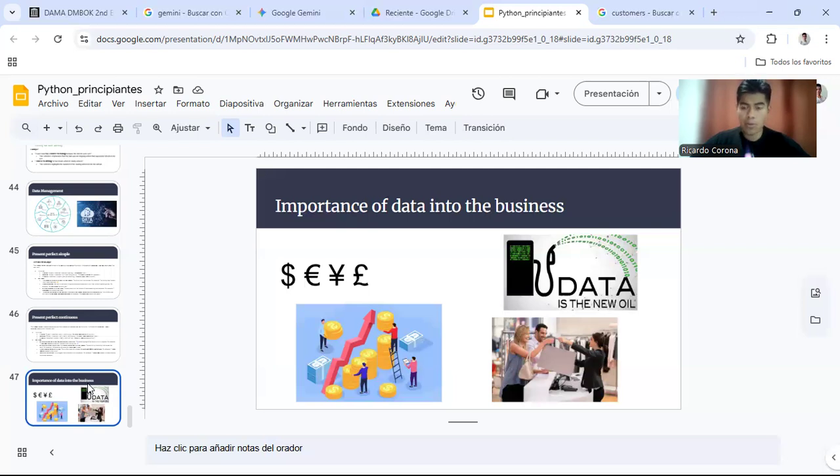This is so important when we are working with that data. It's so important to limit or manage the access, who can manipulate or analyze that data. Remember, in that data we have information about the customers, and that information is so sensitive.